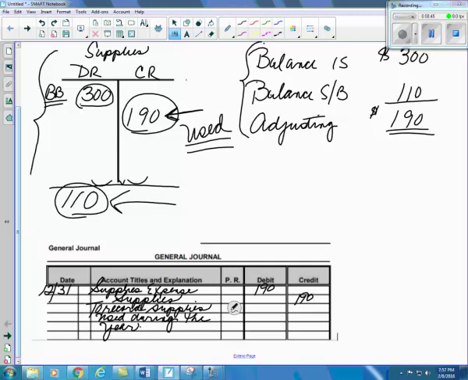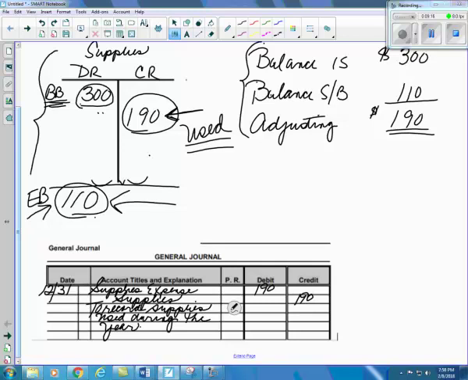So again, we have a beginning balance here of 300, which is a debit balance. That is the normal balance of the supplies account. And we went and counted our supplies and determined we have an EB, an ending balance of 110, and we have to figure out if we have a debit balance of 300 and we want a debit balance of 110 to be in the account, because those are the supplies we have on hand, how much do we need to credit the account?